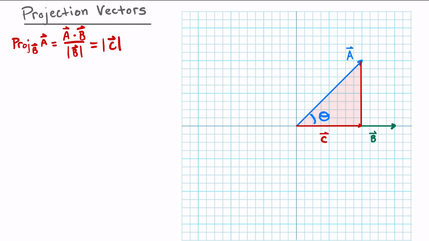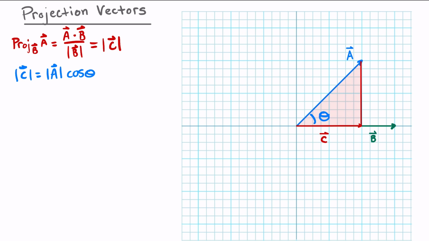We could say that the magnitude of our projection vector is also equal to the hypotenuse, which in our case is the magnitude of vector A, times cosine theta. This is because the length of vector C is adjacent to the known angle.